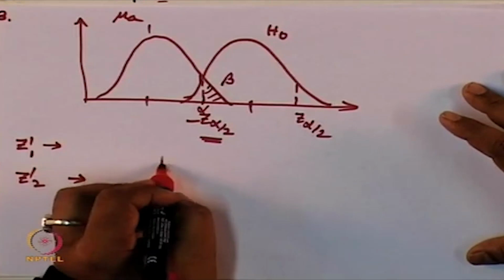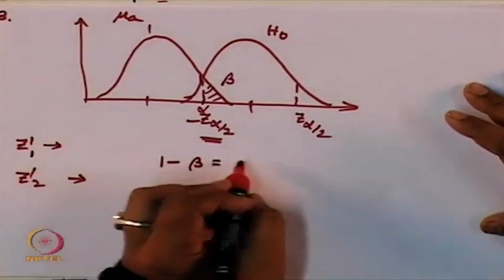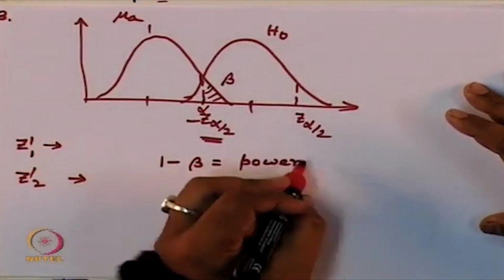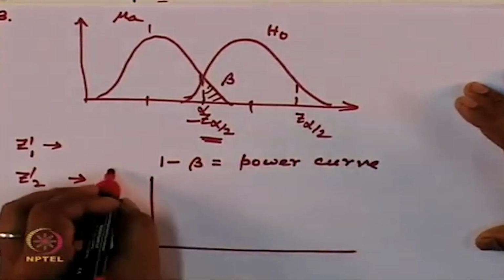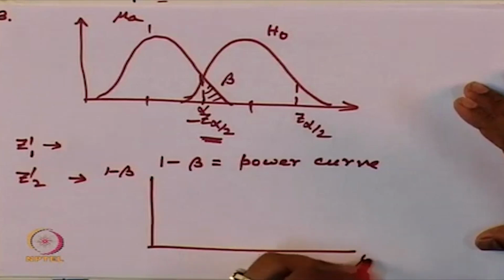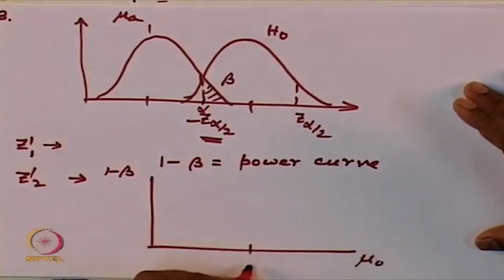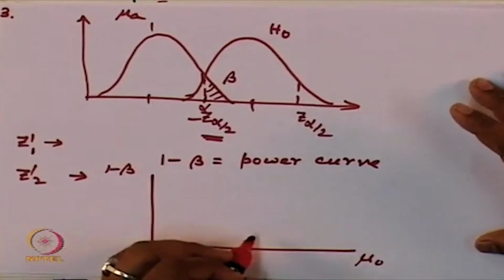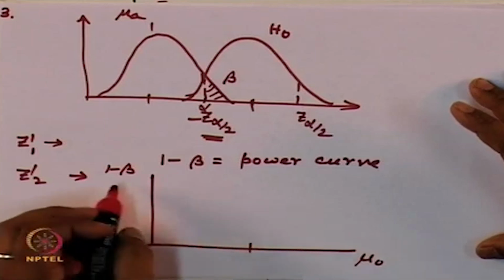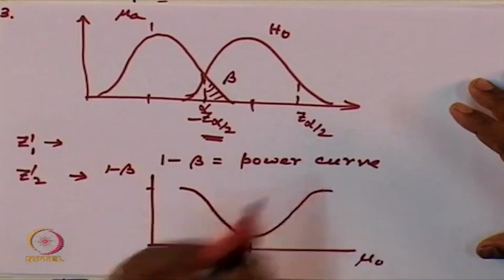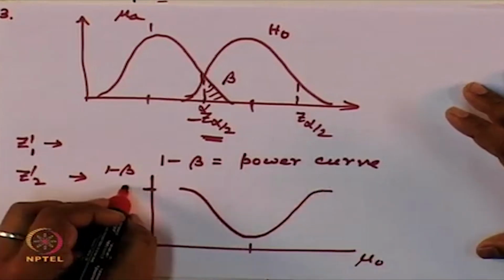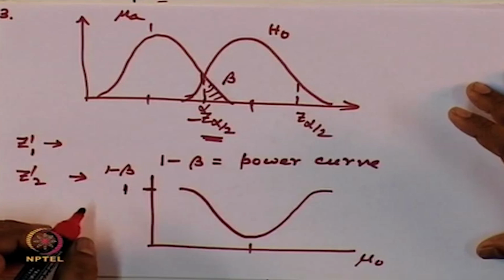The curve 1 minus beta is called the power curve, and you can plot 1 minus beta as a function of, let us say, mu. Let us say this was your value of mu naught corresponding to H naught being true, and you plot your 1 minus beta curve. It will look something like this, where far from it you will get a value which is close to 1.